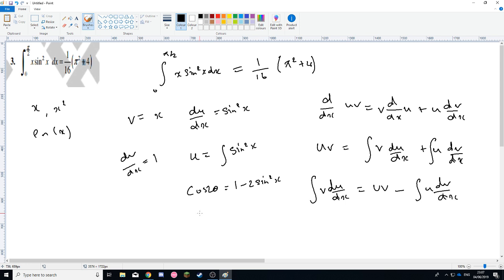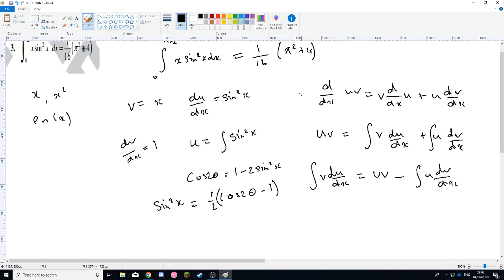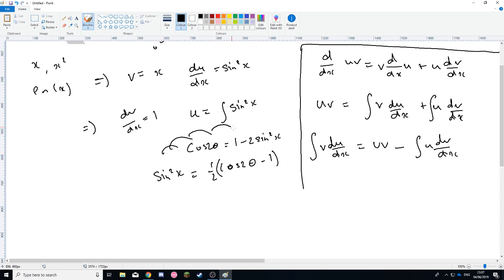So we have half cos 2 theta minus 1, sine squared x. This looks a bit messy, isn't it? Well, let me box this off. u is going to be the integral of half cos 2 theta minus 1.